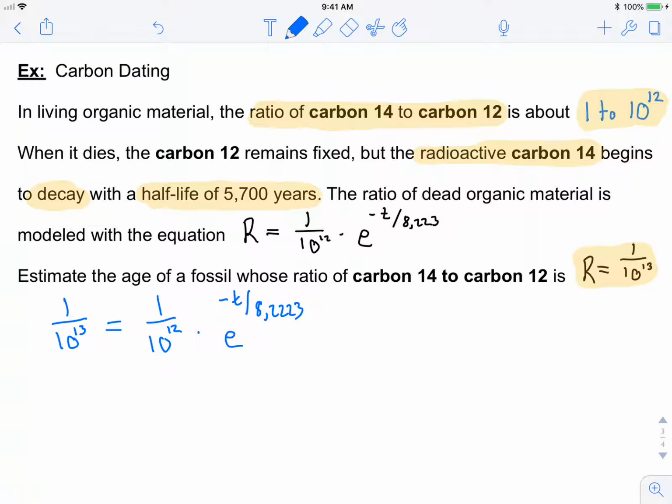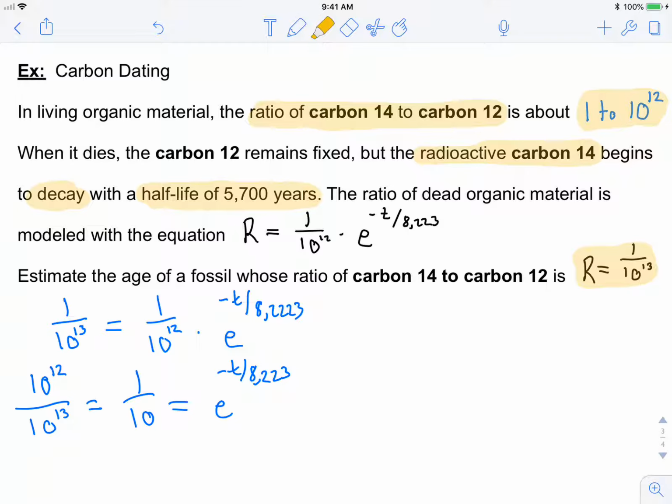So the first thing we'll do is multiply by 10 to the 12th to the other side, and we get 10 to the power 12 divided by 10 to the power 13, which cancels out and is just 1 over 10, is equal to e to the negative t divided by 8,223.